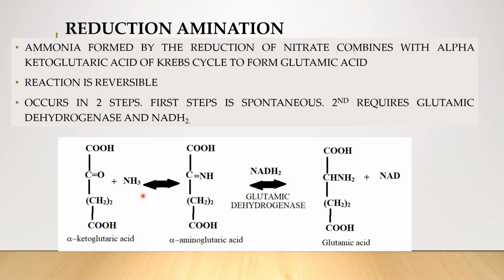So first alpha ketoglutaric acid is spontaneously converted to alpha aminoglutaric acid as it takes up ammonia. Now the next step of conversion of alpha aminoglutaric acid to glutamic acid requires the enzyme glutamic dehydrogenase and NADH2, and finally our glutamic acid is formed. This is called reductive amination because protons are incorporated.